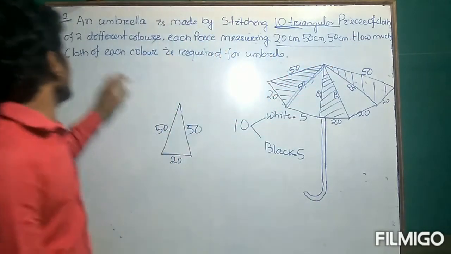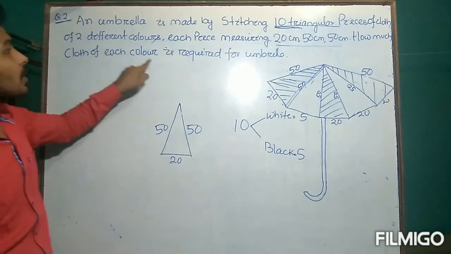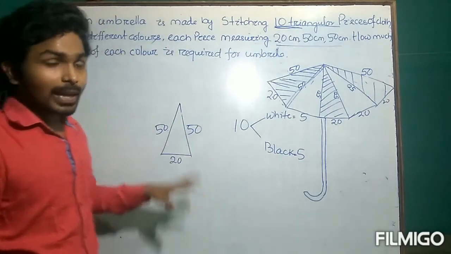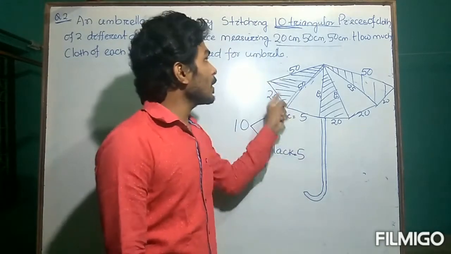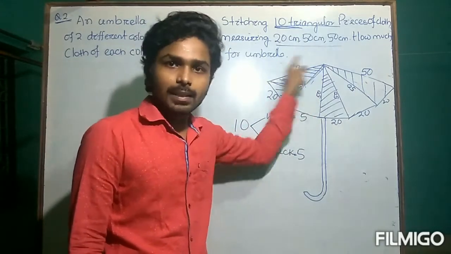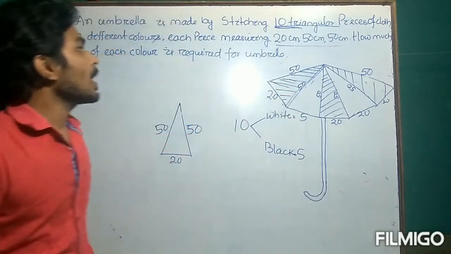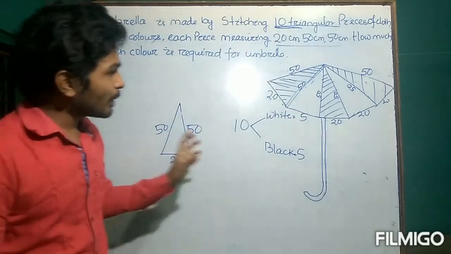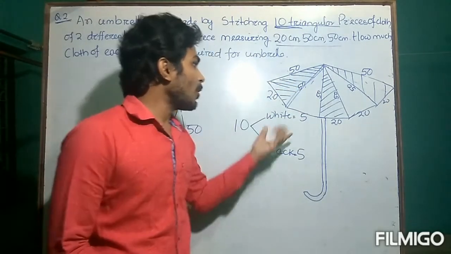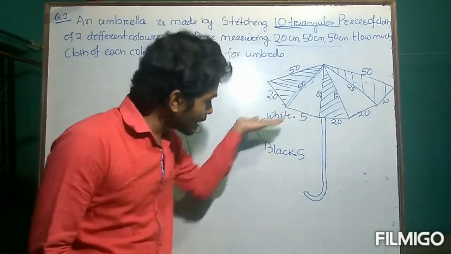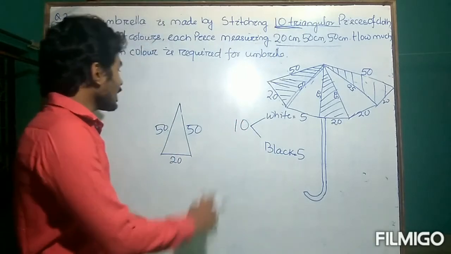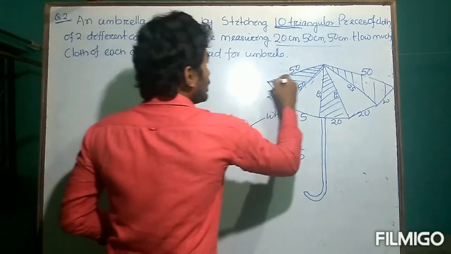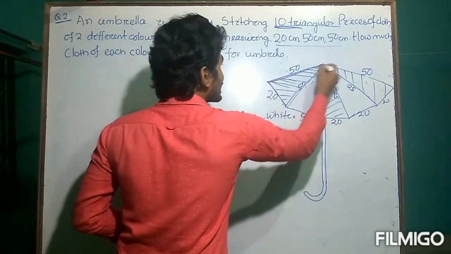So how much cloth of each color is required in order to make this umbrella? We have to find the area of white colored cloth and the area of black colored cloth required. So let us find the area of this individual piece.